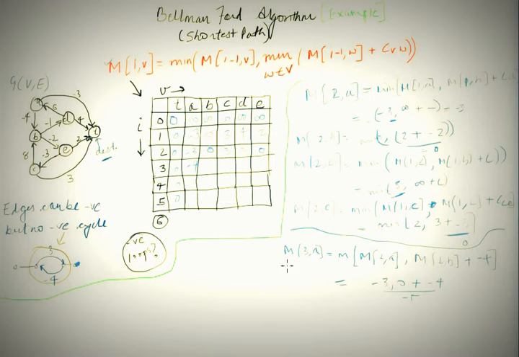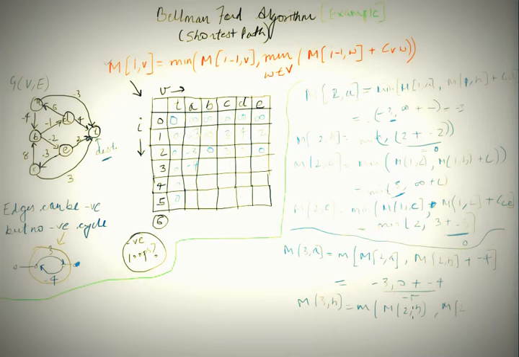Now M(3, B). This is equal to the minimum of M(2, B), or, since this is using 3 edges, BDAT or BEC, I can just go from B to D or B to E, and then check the minimum cost of D or E from this column.